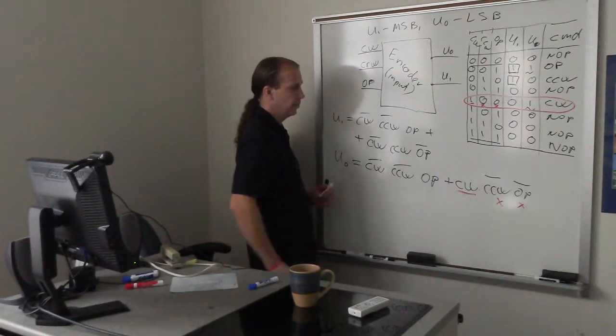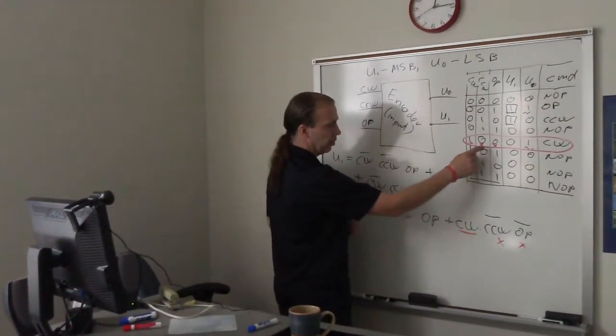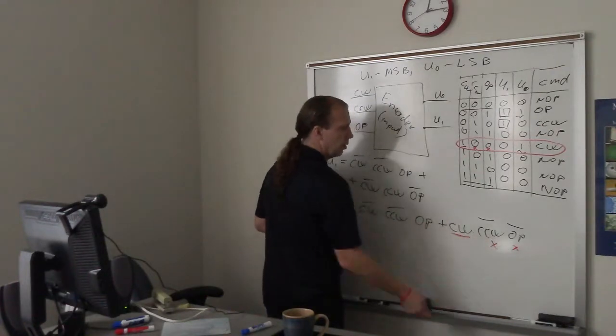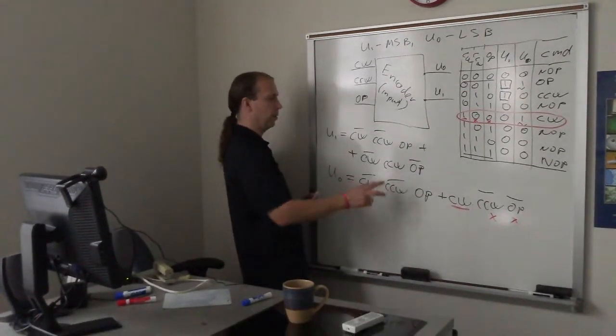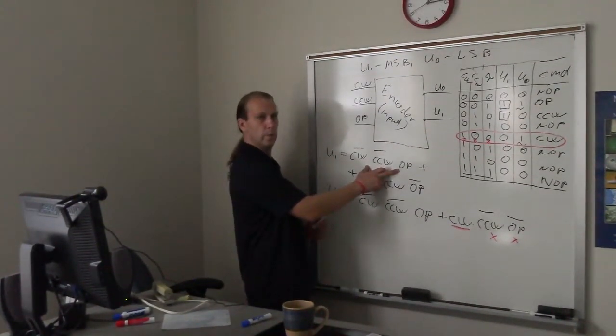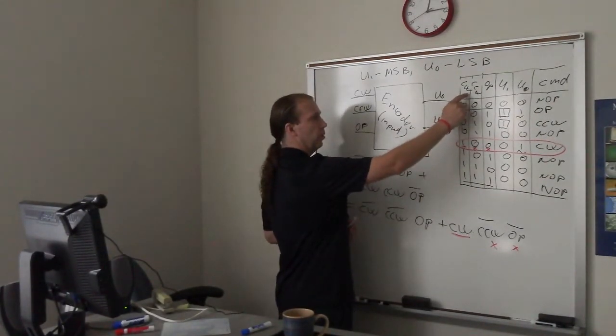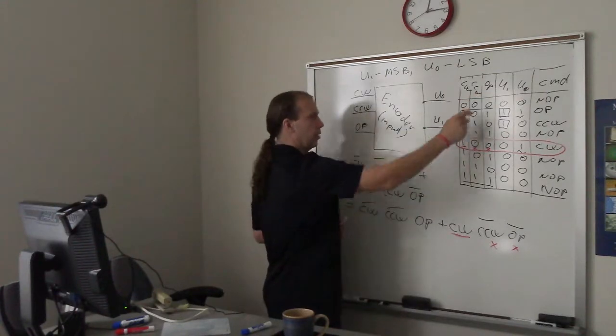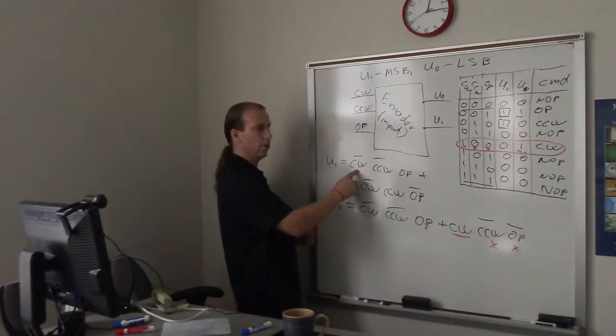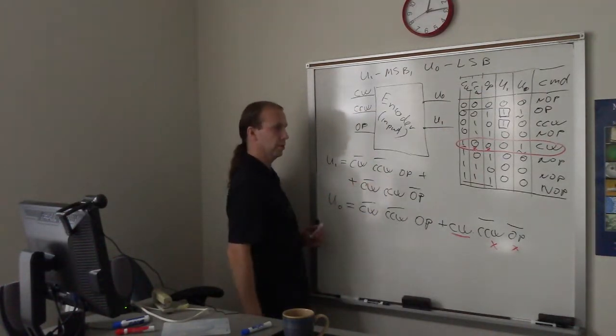Right. Yeah, okay. So that one is not inverted, but these two are inverted. And what is really important is the order. We want to use the same order: clockwise, counterclockwise, and opposite. Same here: clockwise, counterclockwise, and opposite.